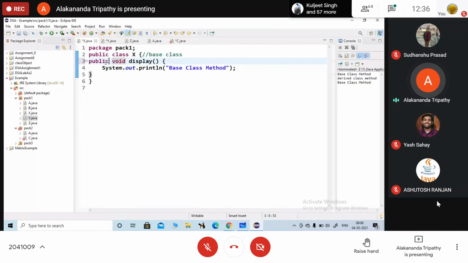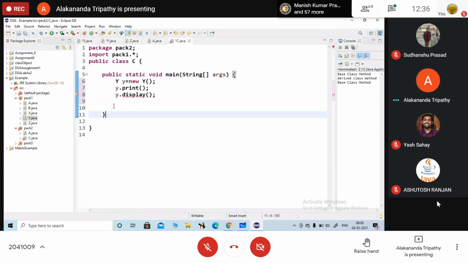Why is the error coming? Why here is it showing the error in this case? Why is the error coming in y dot display?